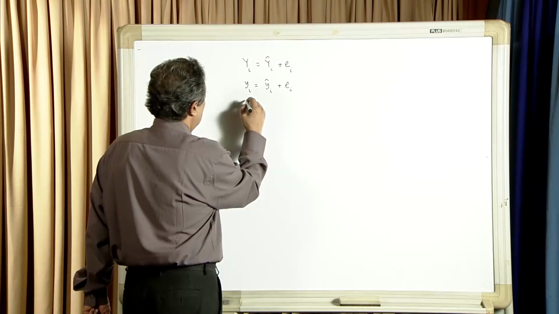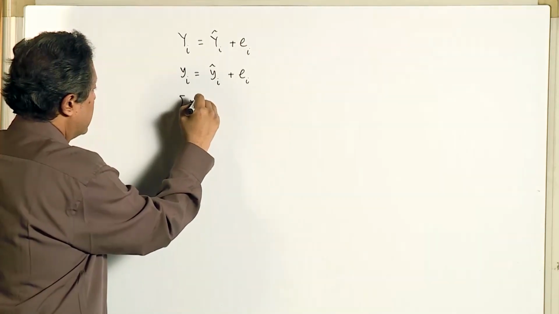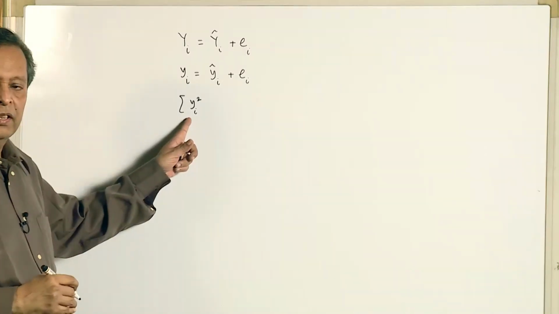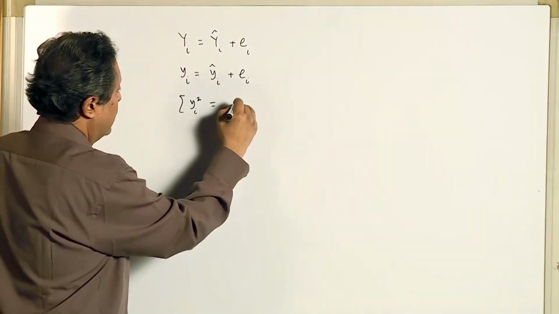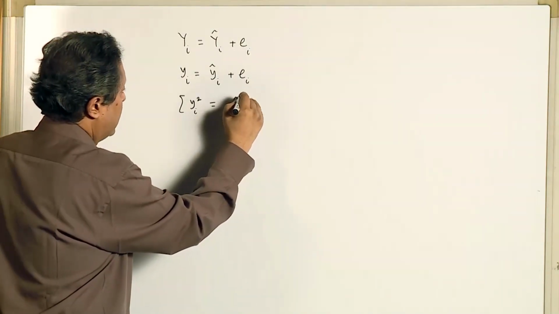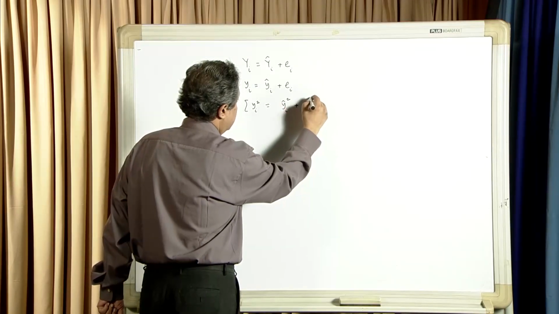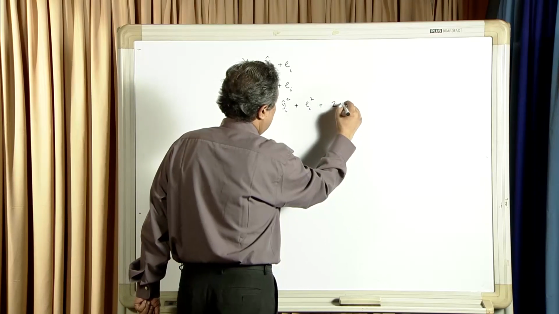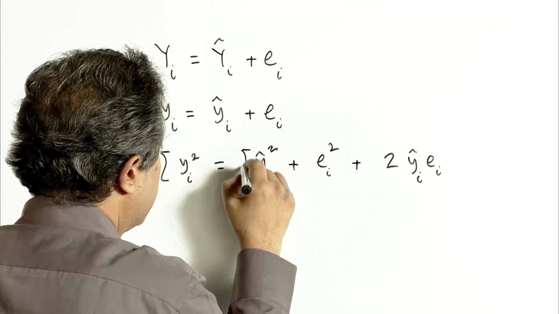So, now let us look at the sum of the squares of small yi. If we square the right hand side, we will obtain y hat i square plus ei square plus twice y hat i ei, and then we sum.